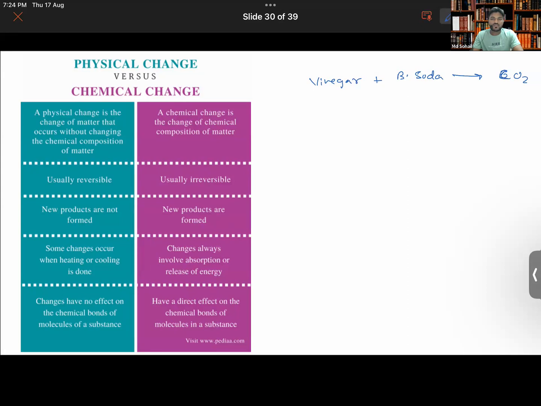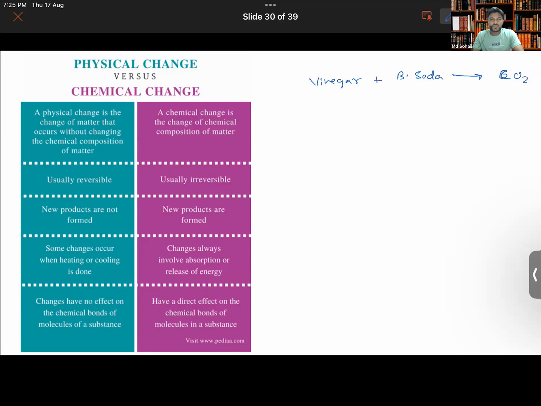Can you repeat the question one more time? If you were to obtain pure crystals of salt, will you be doing evaporation or crystallization? Crystallization.